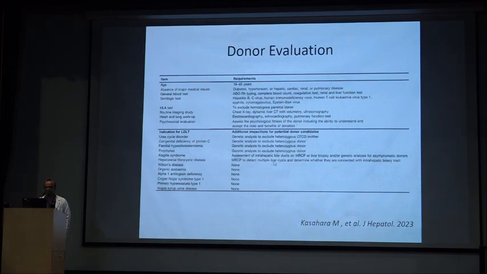Alagille syndrome, assessment, particularly of the MRCP or liver biopsy and genetic analysis of asymptomatic donors. Again, hepatorenal fibrocystic disease, same to rule out multiple liver cysts and determine whether they are connected to the bile ducts. Wilson's, organic acidemia, alpha-1 antitrypsin deficiency, Crigler-Najjar, primary hyperoxaluria, or maple syrup urine disease does not require additional evaluation.